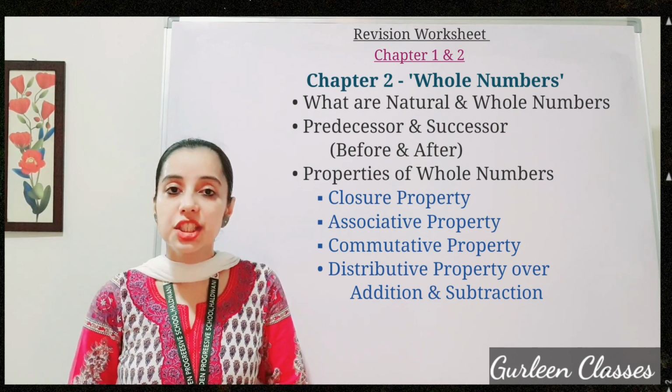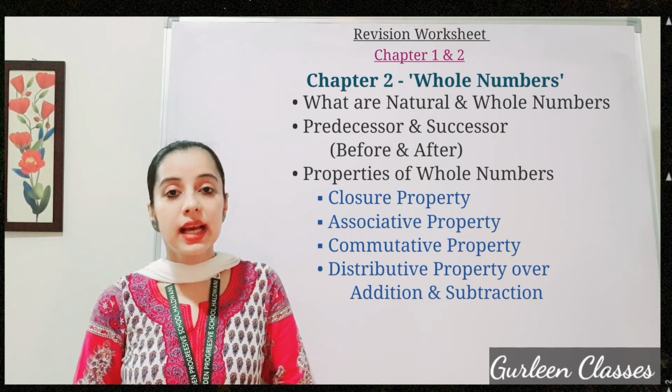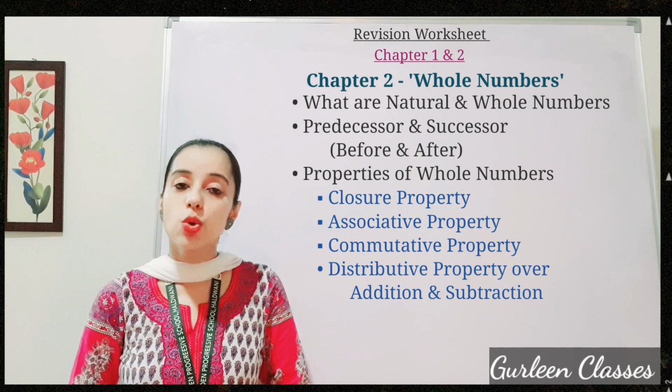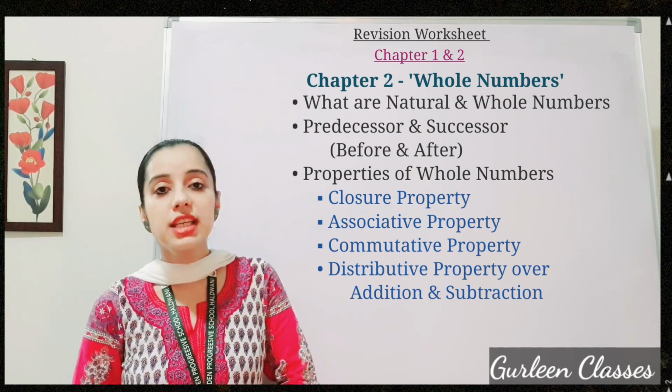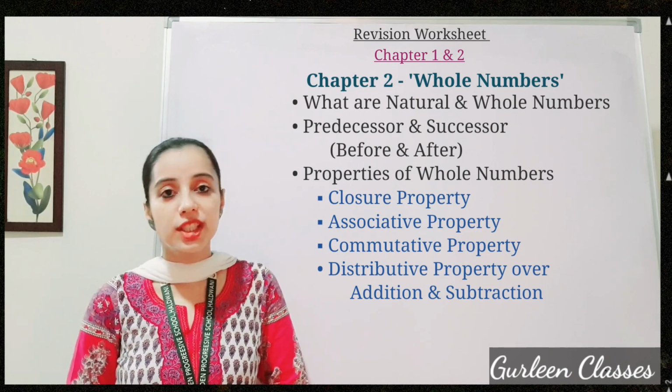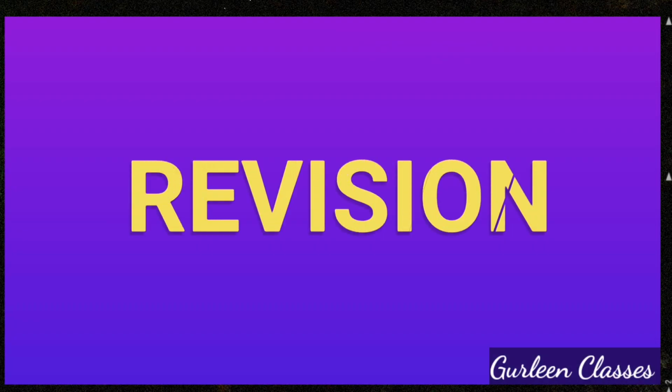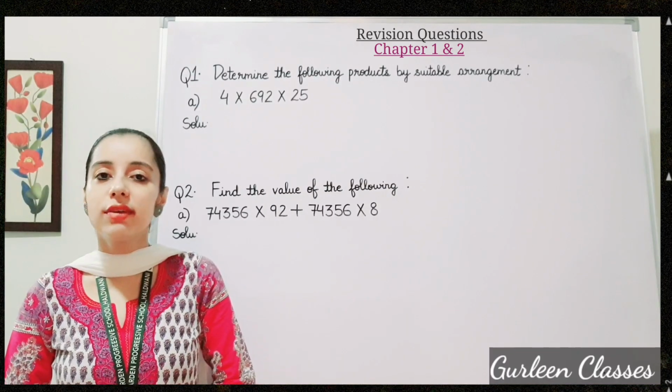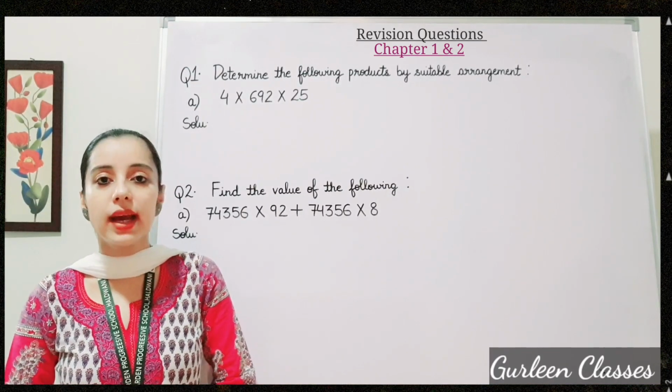We have learned some questions based on these 4 properties like find the sum and product using suitable rearrangement. So in this chapter we have studied all about this. So now let us start with the revision questions from chapter number 1 and 2.